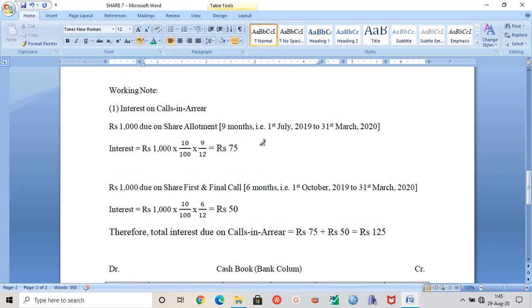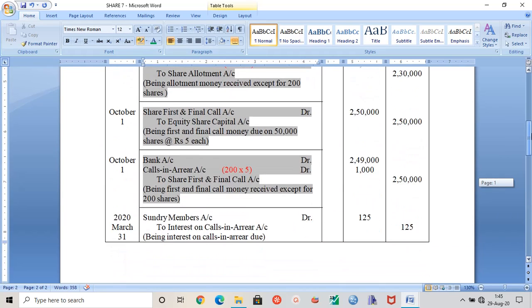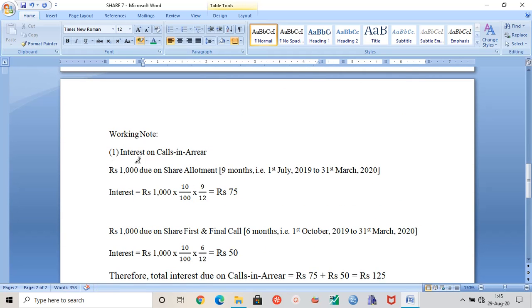Now you can see here the allotment money was due from July 1. So the allotment money, rupees 1,000 due on share allotment, for 9 months, because it's from 1st July till 31st March, it will be 9 months. That's why we are doing 9 by 12.